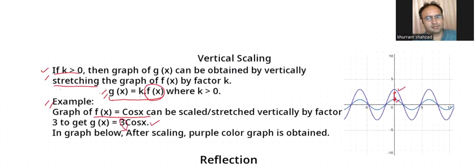It means that if this is 1, this is 3. This was 1. So if we multiply a function by a positive number, then this function is scaled up.